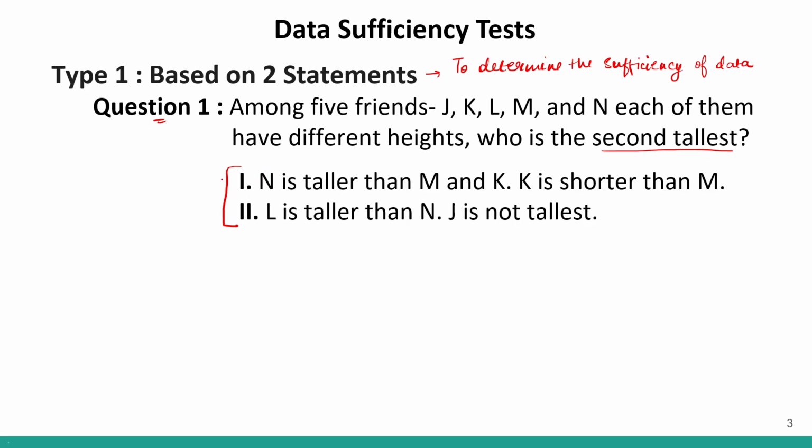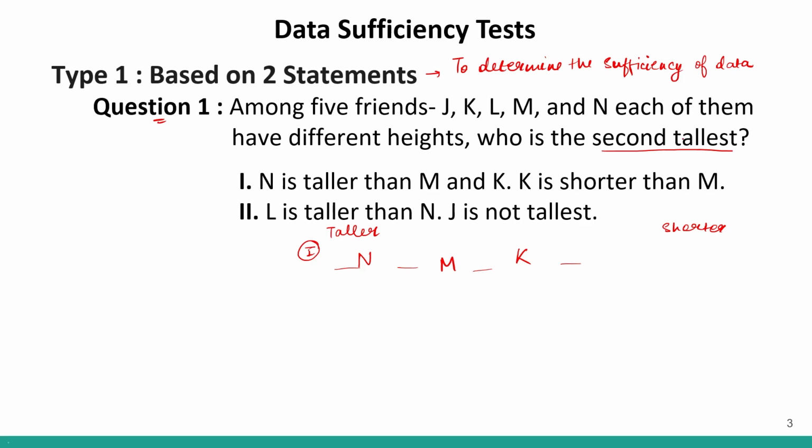So let us look at statement 1. According to statement 1, N is taller than M. I am taking this side to be the taller side and this side to be the shorter side. N is taller than M and K is shorter than M. So I get N, M and K. There are 5 friends in totality, so we don't know the two remaining positions; they can come anywhere.